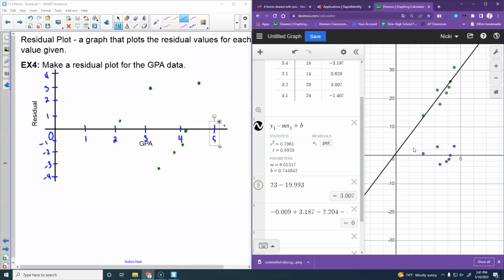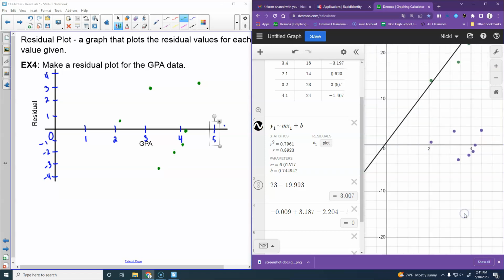What kind of straight line? Horizontal, at 0, because all your residuals would be 0 if your line was perfect. So the closer these dots are to that line, the better your data is. The further away they are, the worse the data is. So these can be used to see how well your line fits your data.